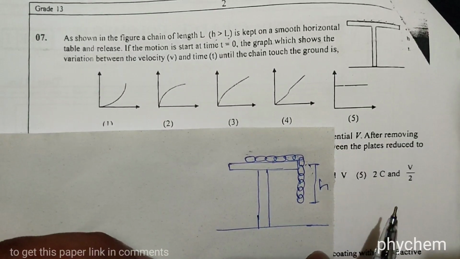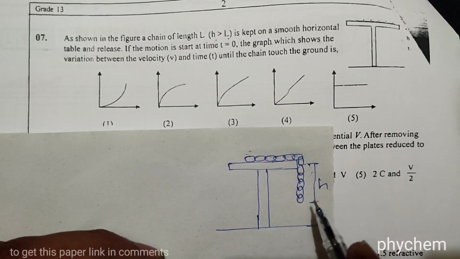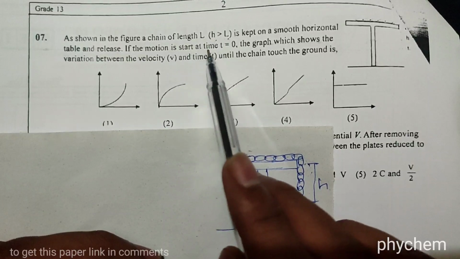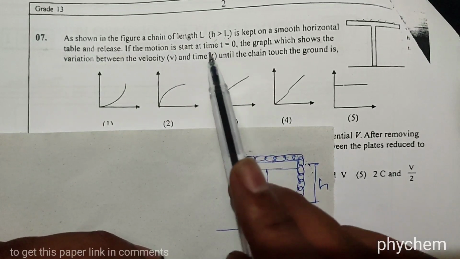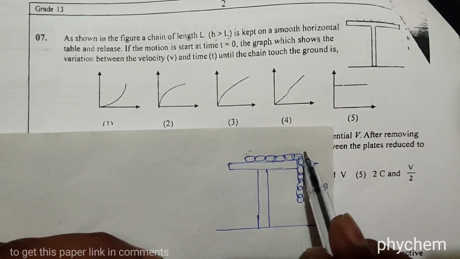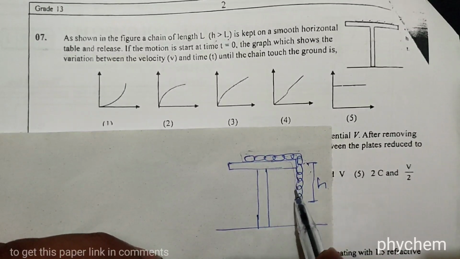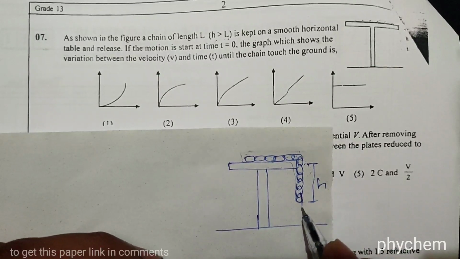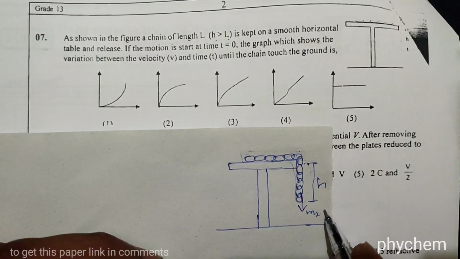This is a simple question. Initially, if the motion is started at t naught, for this total unit the net force is mg.